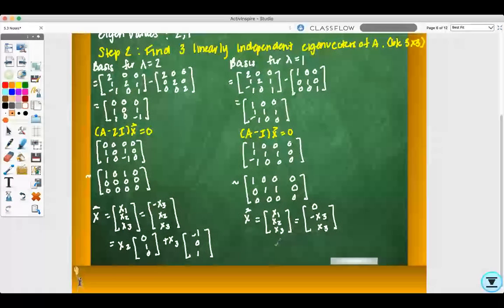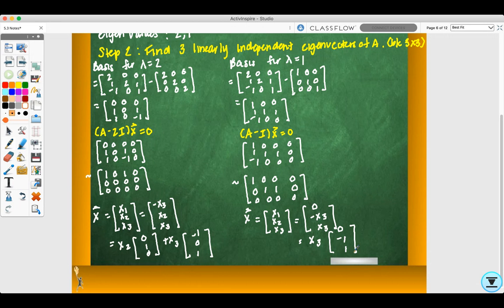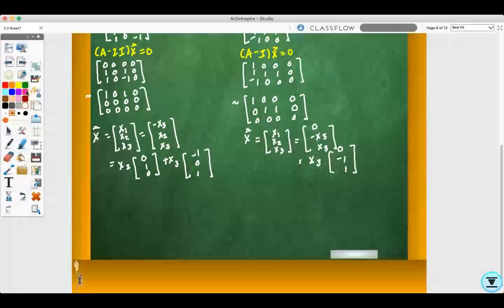And this would give me x3 times 0, negative 1, 1. So that's my basis for lambda equals 1. So that's step 2. So you need to find your basis for this. And I notice I have 3 linearly independent vectors. So far so good because I have 3, and that's what you need.